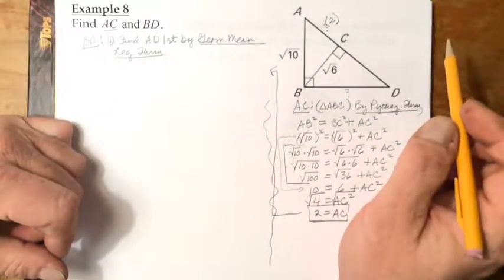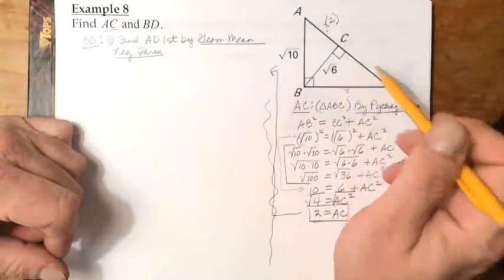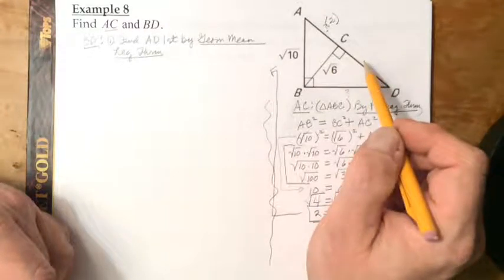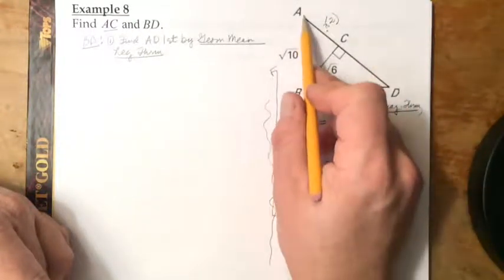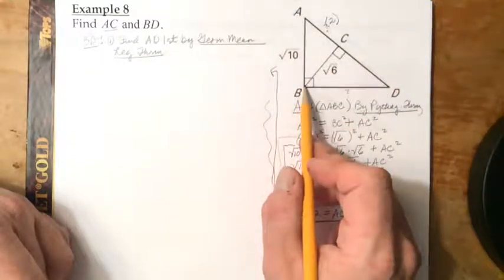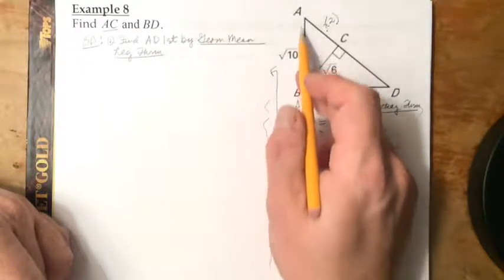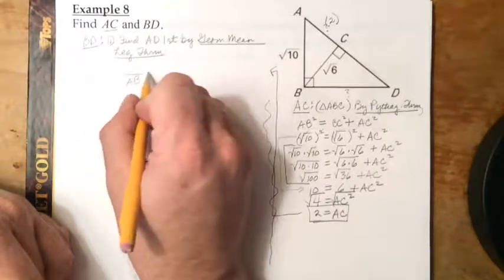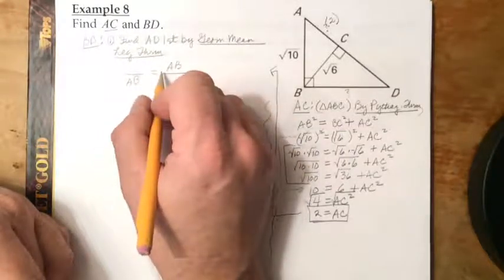So, now we know AC is 2, but we don't know how long this one is. So we need to use one of the theorems that we've talked about that deals with the 3 right triangles that are similar. So using the geometric mean leg theorem, using the leg of the right triangle that we know, which is the square root of 10, this one right here, we can say that AB is the geometric mean. So I write AB here in my proportion, and I write it here in the means places.